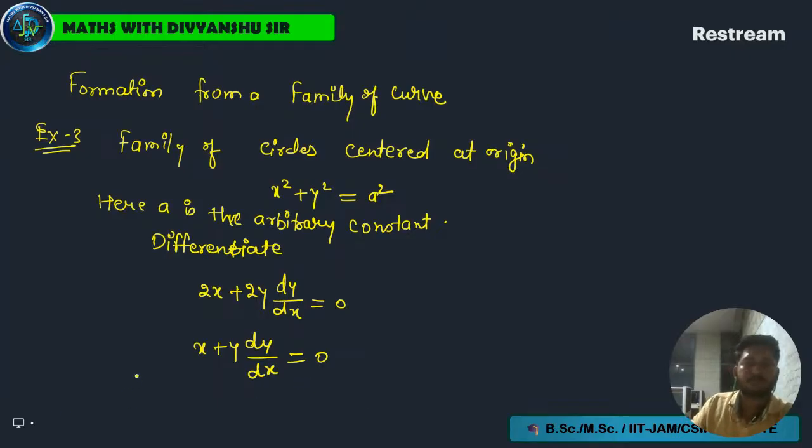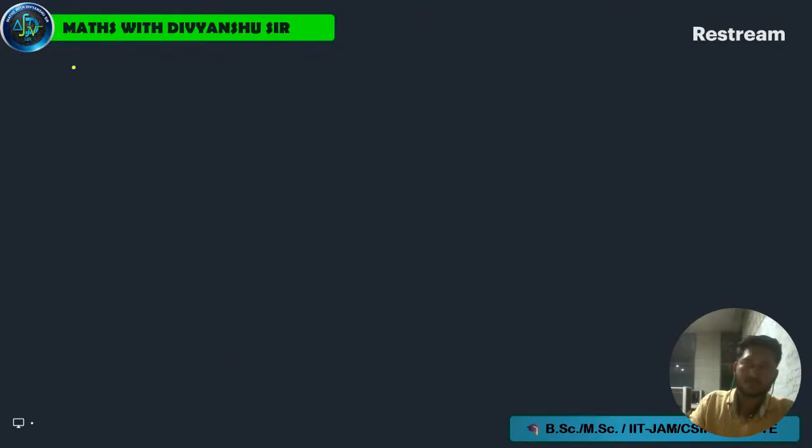Okay. Now the next part is formation with arbitrary function. These are the formation from a family of curve. Now the next part is formation with arbitrary function, sorry.